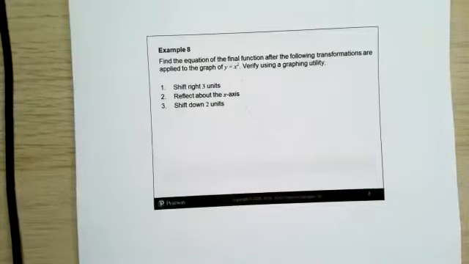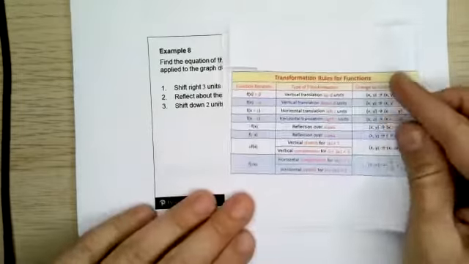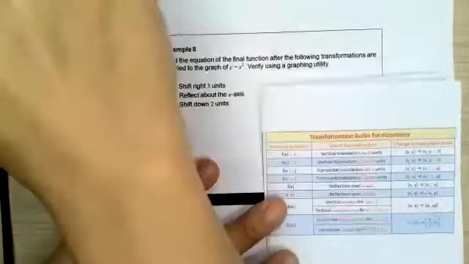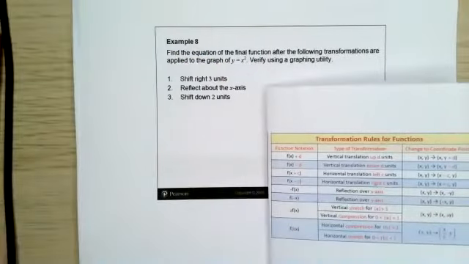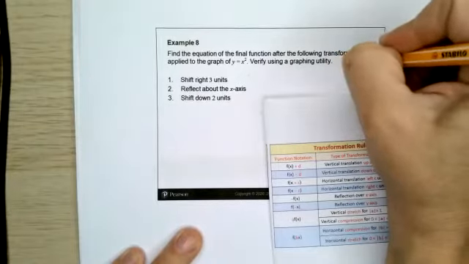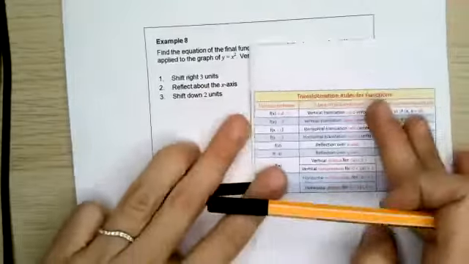So we have this again. We have y equals x squared, what we're beginning with. That's our parent function. We want to shift it right 3 units.